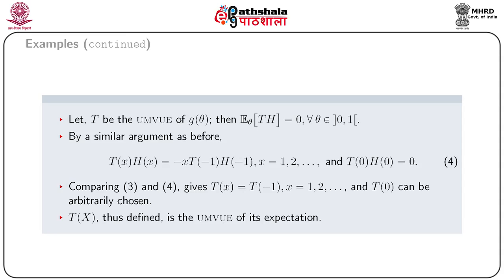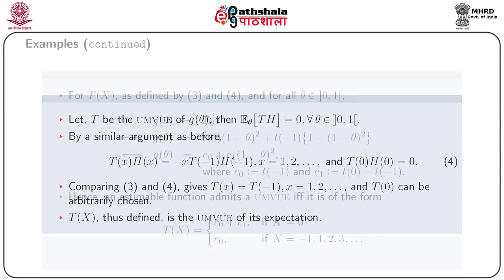We write this as equation 2. Comparing equation 1 and equation 2, we get T(x) equals t(x minus 1) for x equals 1 up to infinity, and t(0) is arbitrary. T(x) is thus defined as the UMVUE of its expectation.